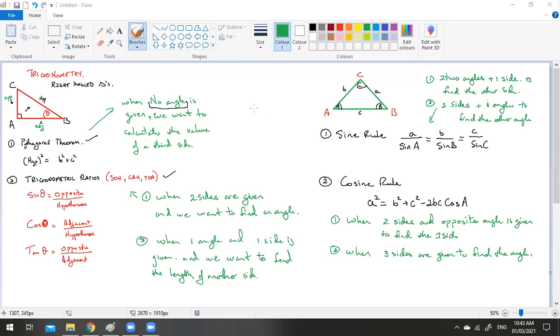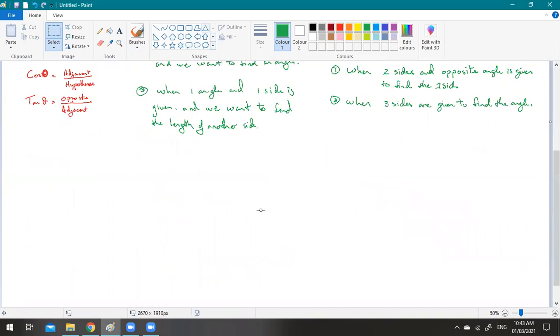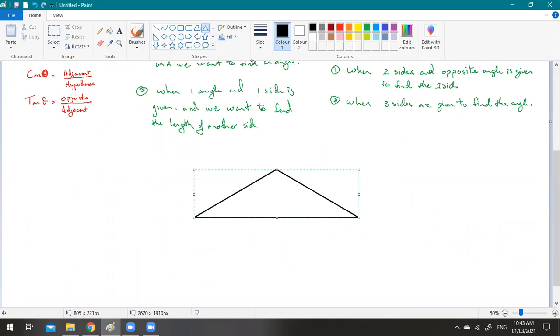So may I explain that again. In the sine rule, we only use two sections at a time. We don't ever use all three sections, and you have to learn to cross multiply. So let me say this is the triangle, call it P, Q, R. They give us this angle here, and this angle here, and this side.